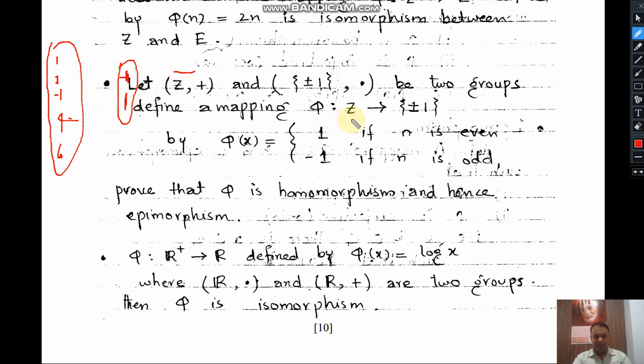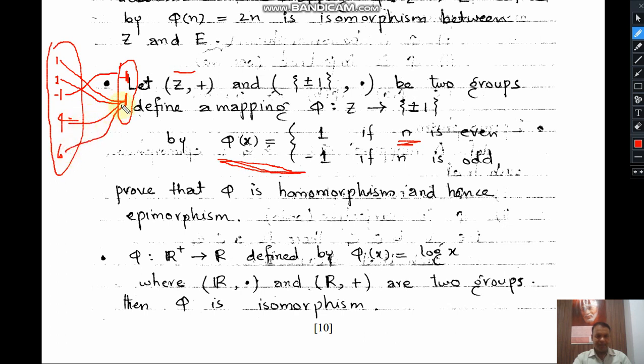And here we can establish a rule between these sets. If n is even, then the mapping is with positive 1, and if n is odd, then the mapping is with negative 1. So this negative integer can be mapped with minus 1, and all the remaining can be mapped with plus 1.